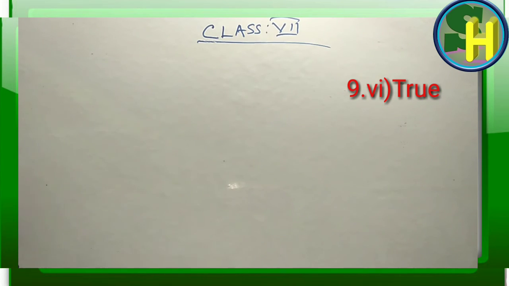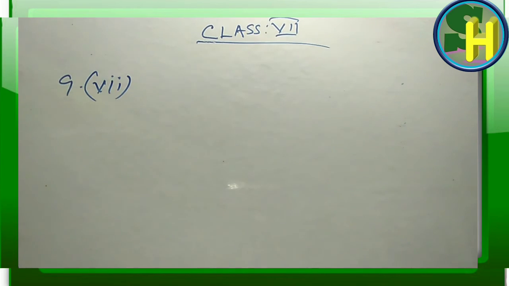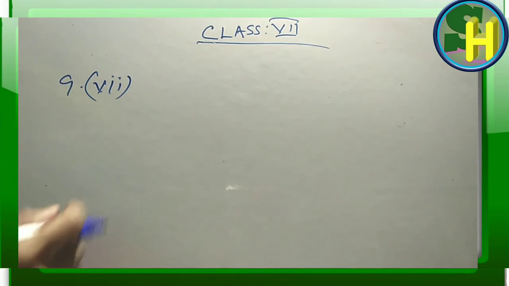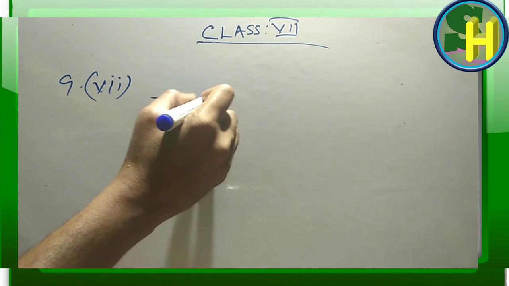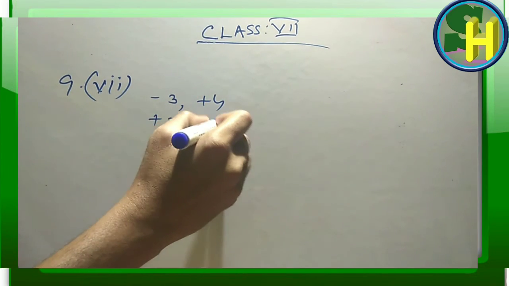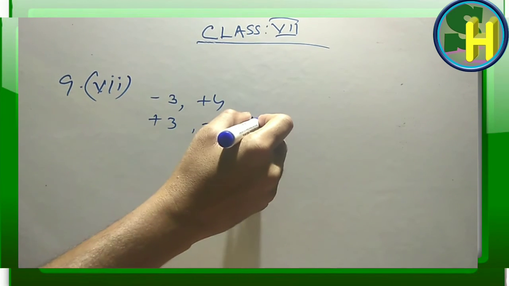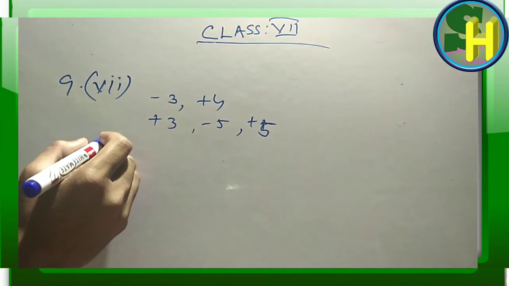This is question number 9(7). Every non-zero integer has a multiplicative inverse as an integer. Non-zero means the number not equal to 0. Maybe minus 3, maybe plus 4, or plus 3, or minus 5, or plus 5. All those are non-zero integers. Each having inverse.